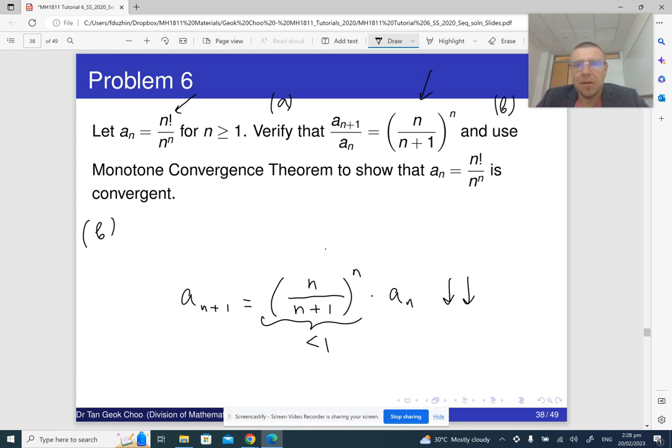So one of the conditions of the monotone convergence theorem is checked. To apply the theorem, we need to check that our sequence is either increasing or decreasing, and it happens to be decreasing. And besides, we need to check two more things. So we need to check that it is bounded.